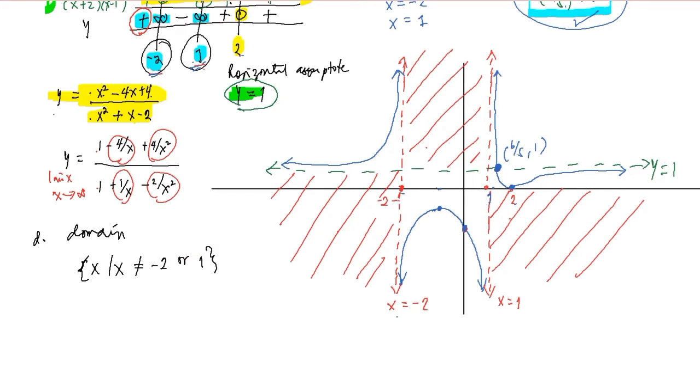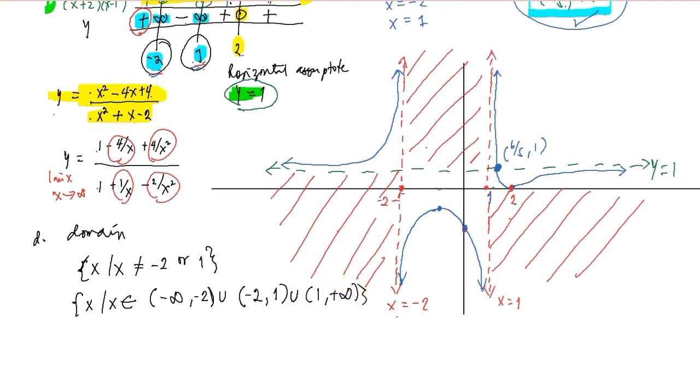Or we can say that any value of x such that our x is an element of the set from the negative infinity up to negative 2, union of the set from the negative 2 to positive 1, union of the set from positive 1 up to the positive infinity.